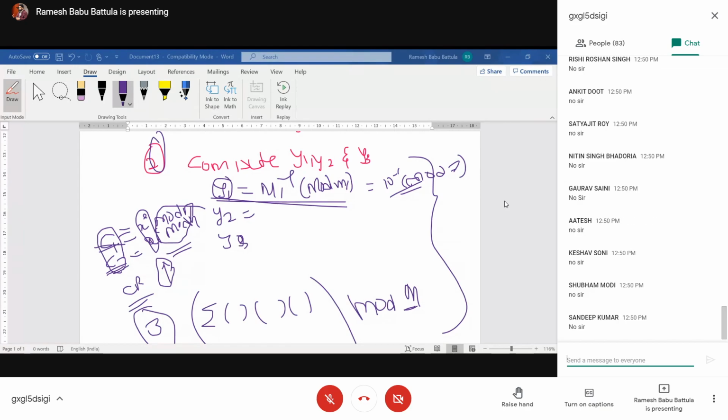The next quiz is going to be based on these topics only: Little Fermat's theorem, Euler's theorem, Miller-Rabin, the Chinese remainder theorem, and I plan to cover the RSA algorithm so that you prepare for the RSA algorithm also. This is the syllabus for your next quiz. So review all these concepts and come for the quiz. Right? Thank you.